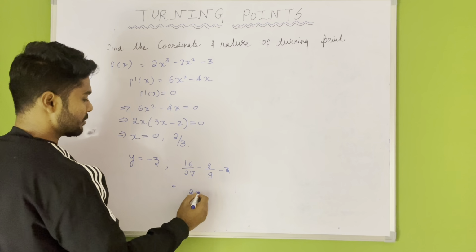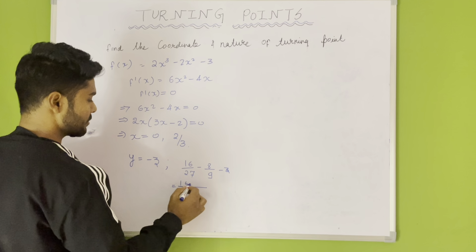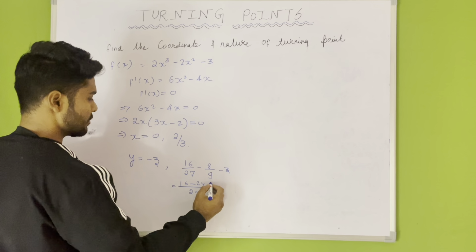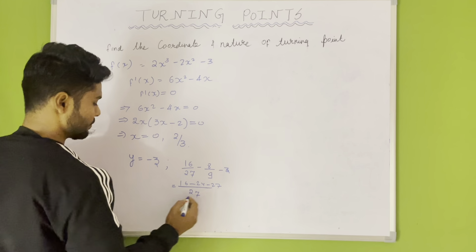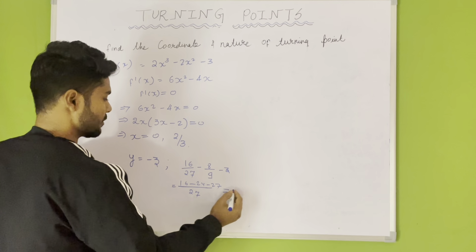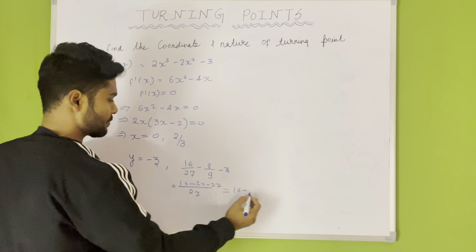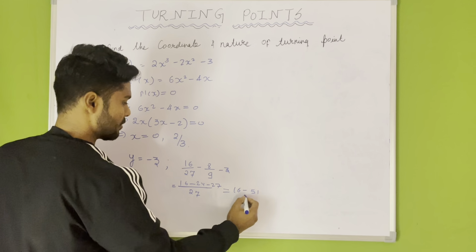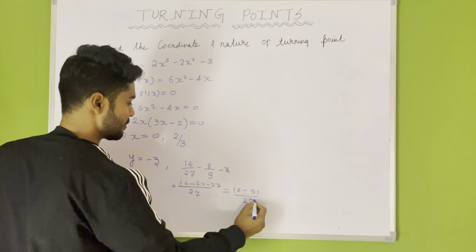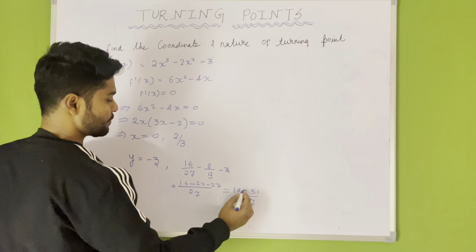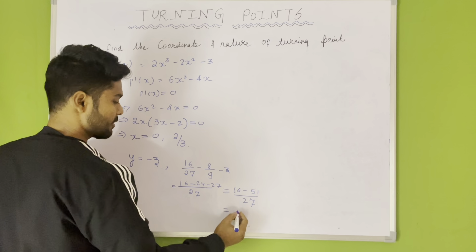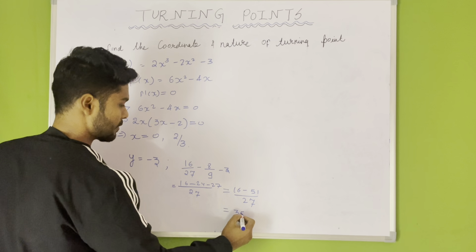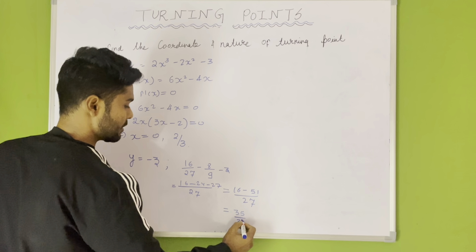So 27, this is 16, this is minus 24, and this is minus 27. So this will come 16 minus 51 upon 27, which is equal to minus 35 upon 27.